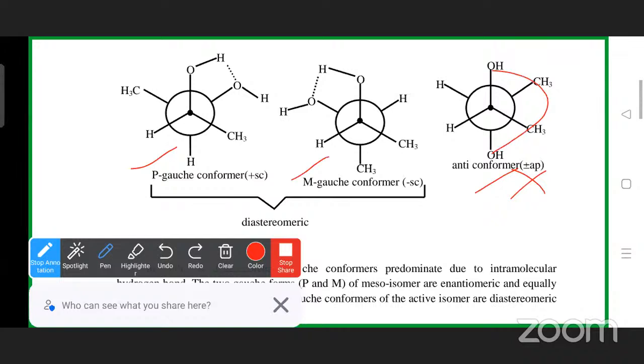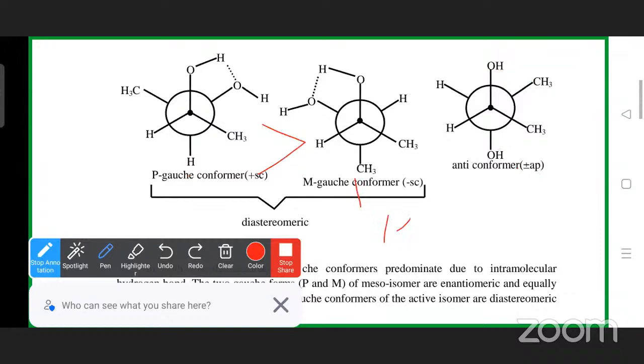And after that, between the P gauche and M gauche, the P gauche is more stable than this one.